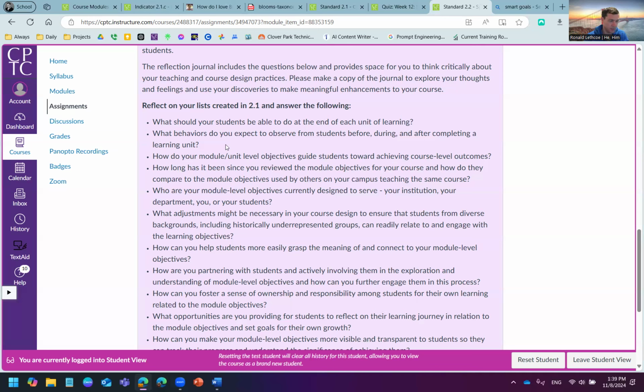Then during, you would be watching them use that communication style. And then what would the after be? I guess this would be the assessment component, where you mark that they've used the correct communication style.